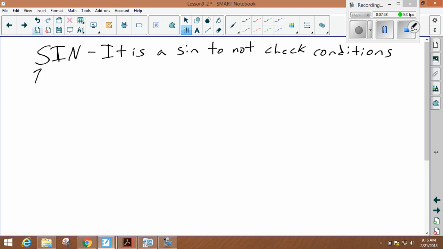What are you checking for? That it's from an SRS? That it's independent? And that the data is normal? All right, those are the things that you check for.